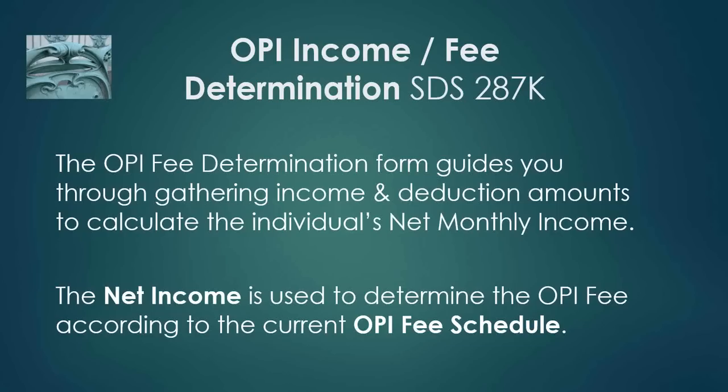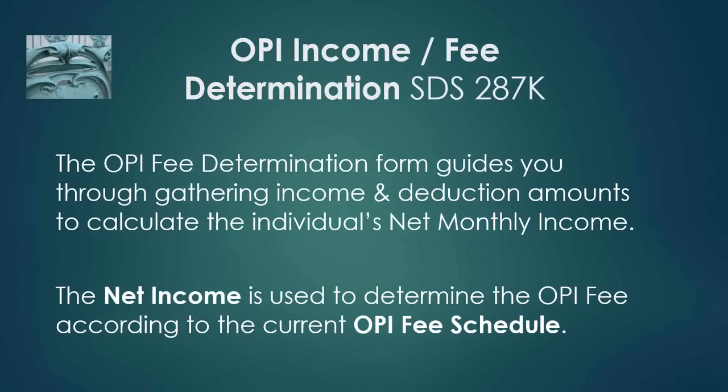That's the 287K. Now, as you probably realize, OPI has a lot of 287 forms. So it's the letter that makes the difference. So this 287K is the income and fee determination. And this form guides you through gathering income and also deduction amounts so that we can calculate a person's net monthly income.